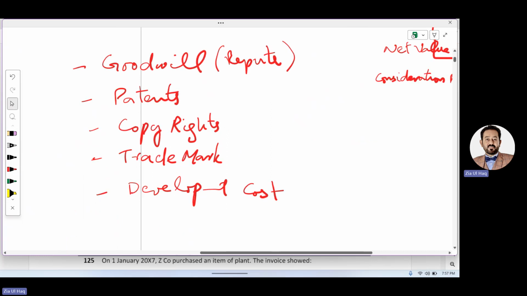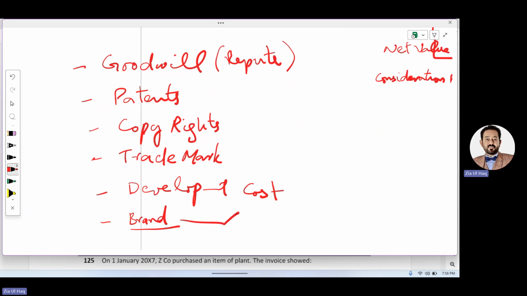What are the patents, copyrights, trademarks? Suppose I have bought the patent, copyrights, trademark of any company like McDonald's, so that I can sell McDonald's products. So I will also record it as intangible assets. What else could be brand? If I have bought any brand name, that will be capitalized as intangible asset.